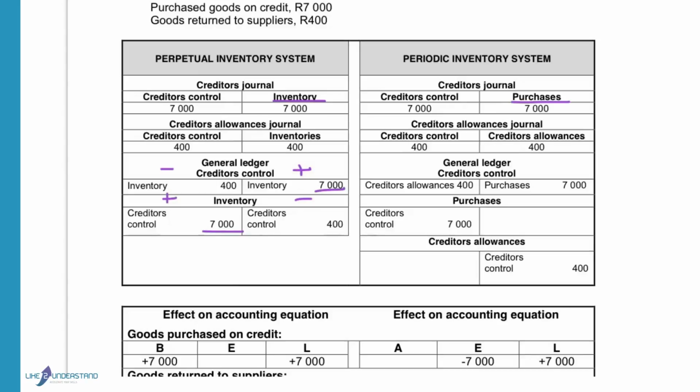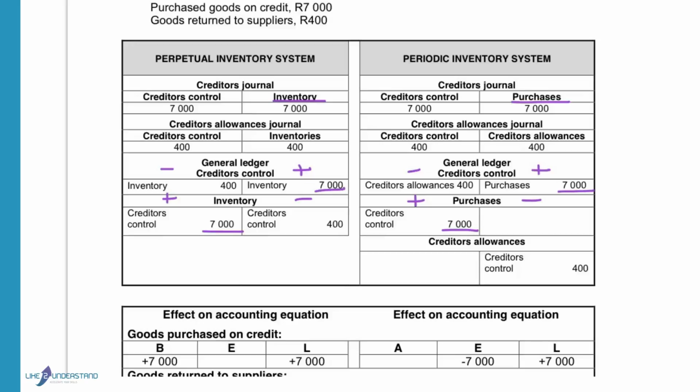In the periodic system, you will credit your creditors control with 7,000 to increase the liability, and now you will debit purchases with 7,000. Purchases is expense. Expenses increase on the debit side and decrease on the credit side.